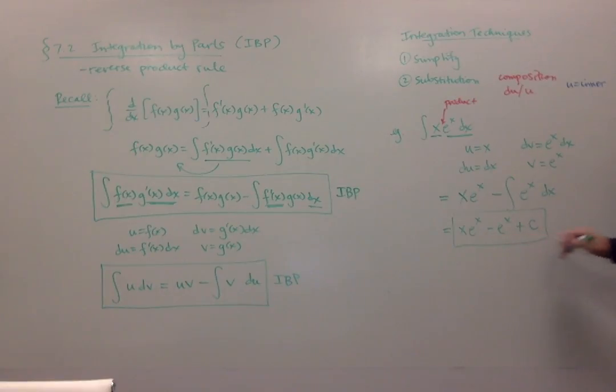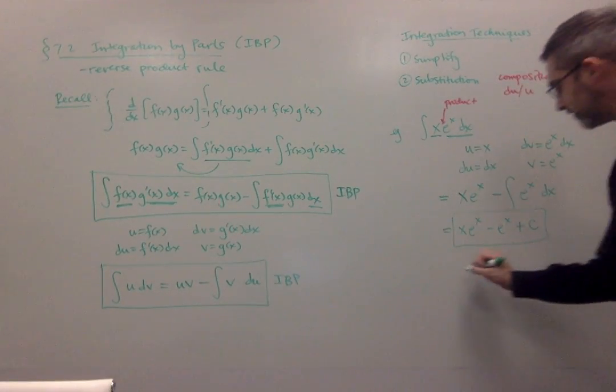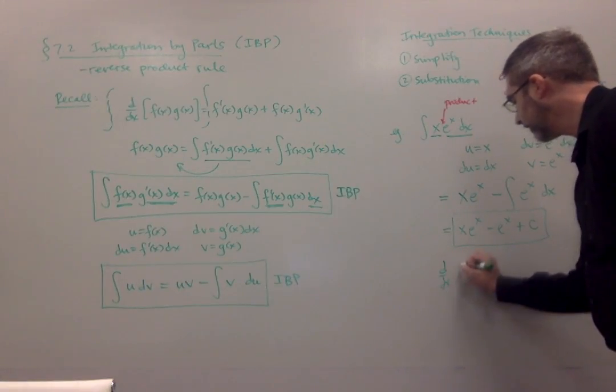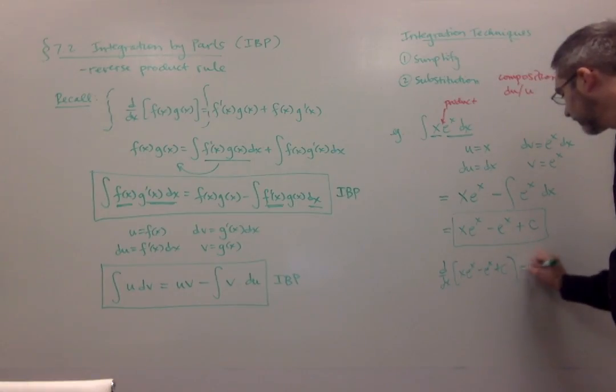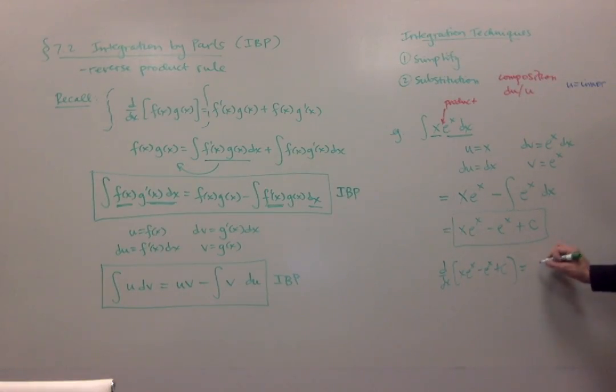And if you differentiate the answer, let's do a derivative real quick so you can see this. If I differentiated my answer here, I'd have to use the product rule: derivative of the first times the second plus the first times the derivative of the second, minus e to the x, since the derivative of e to the x is just e to the x, and the derivative of c is 0.